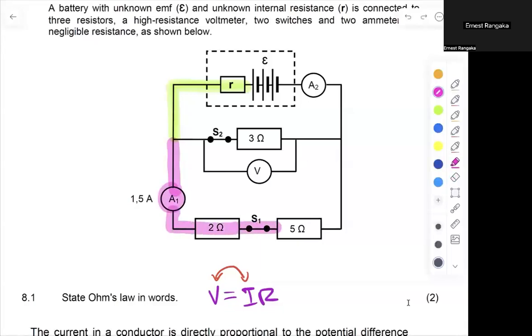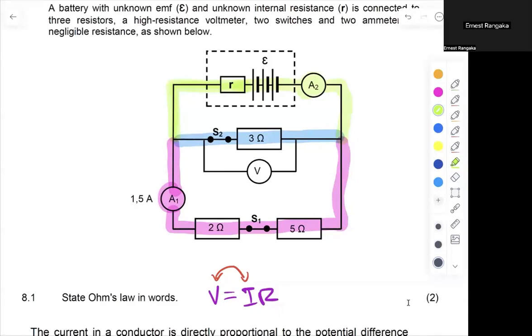Then this is going to be pink again, it's going to go up to there, then it's going to rejoin, and the current through here is going to be this blue current. It's going to rejoin, it's going to be green current back, that's going to give me A2. So now I know that wherever I see green current, I'm dealing with A2. Wherever I see that pink or purple current, I'm dealing with A1.